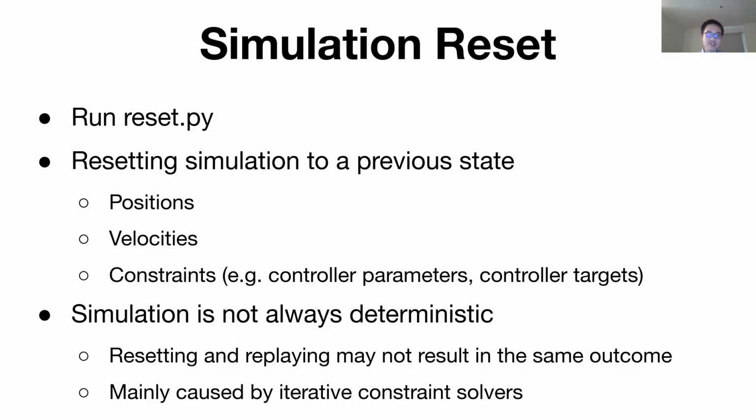This behavior is caused by the iterative constraint solvers in simulators. I mention this non-deterministic behavior just to make sure that you do not chase after some bug that does not exist and that's caused intrinsically by the solvers of the simulators.